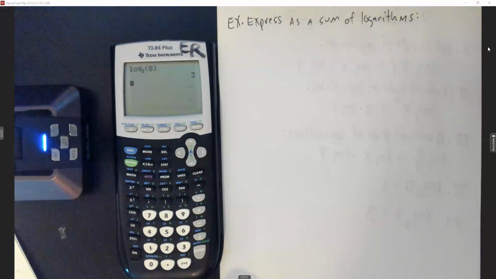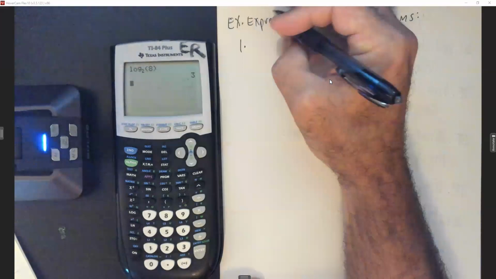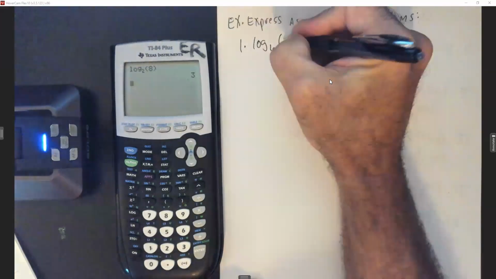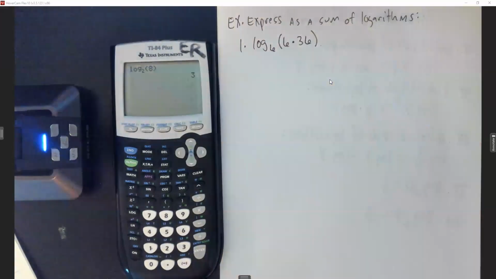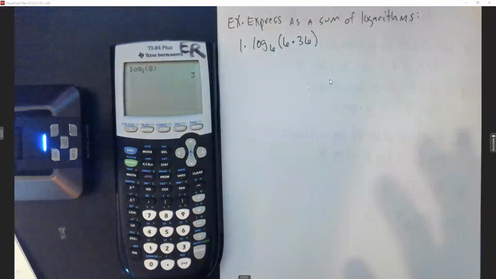All right, so this will be number 1. They're giving me log base 6 of 6 times 36. Now, they don't want me to work it or anything. They just want me to rewrite this as a sum.